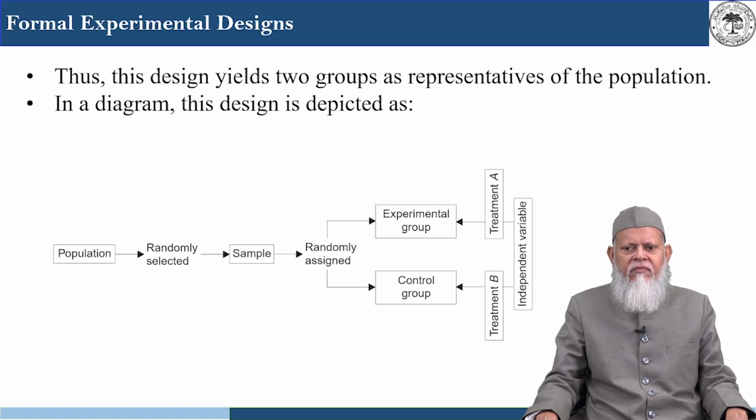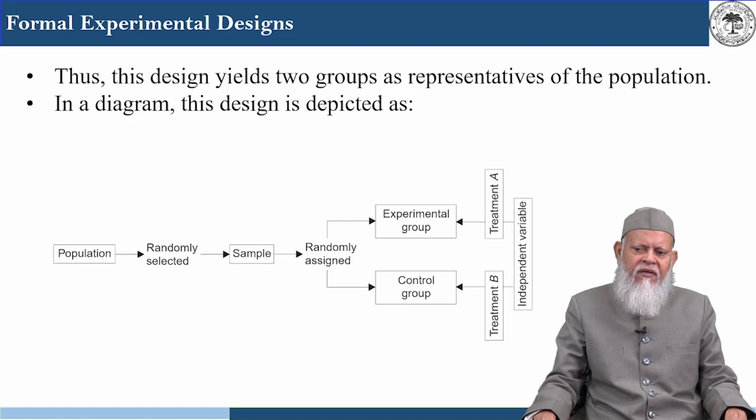We have a diagram. This diagram is depicted here. There is a population which has been defined. A sample has been randomly selected. Now, from this sample, the members or items of the sample have been randomly assigned to the experimental group and control group.